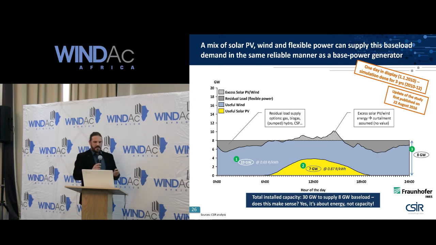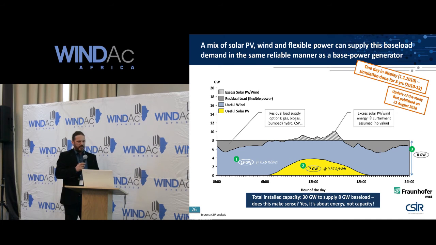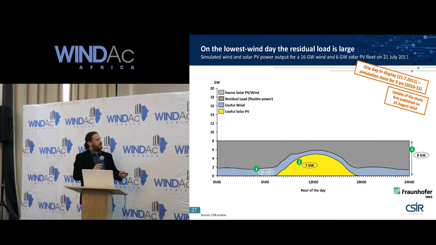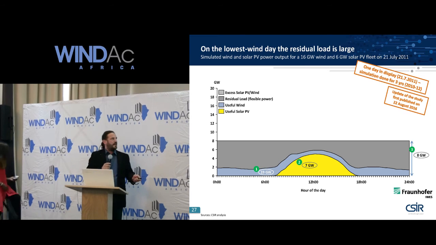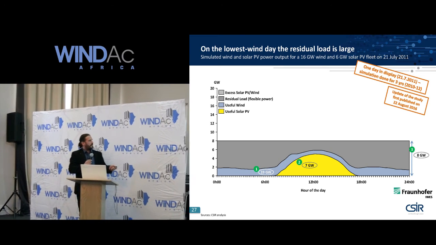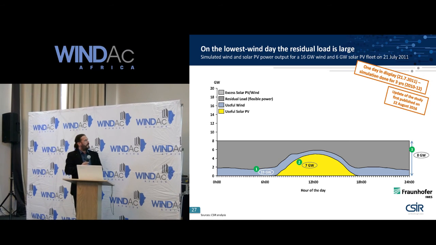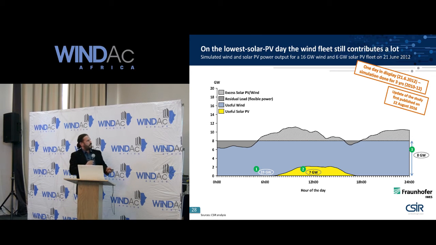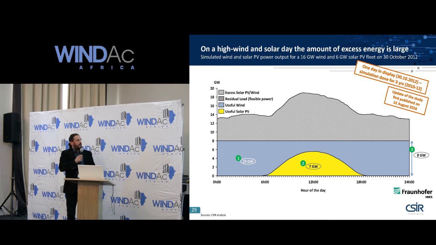We did this for the whole year, and I just want to show you some example days. This is the day with the lowest wind generation. You see we have a lack of energy, which has to be covered by the flexible power. We have the day with the lowest solar. Here, the day with the highest wind penetration. So you see we have a lot of excess energy there, which has to be wasted, which has to be curtailed.